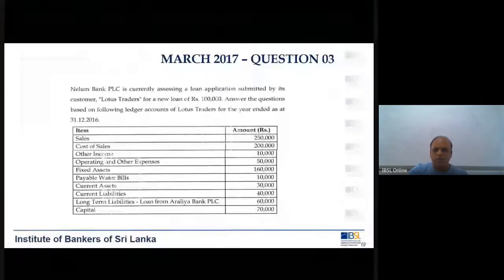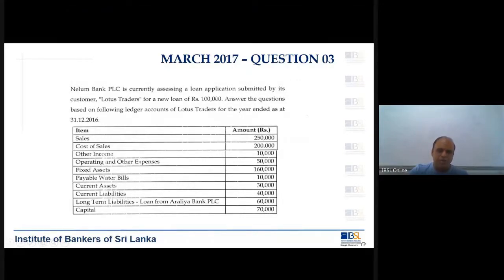In order to do that, let us identify the items. You have already marked the income and expense items. Your income is sales, your expense is cost of sales, then you have other income, then operating and other expenses. So you have only 4 items: 250, 200, 10 and 50.